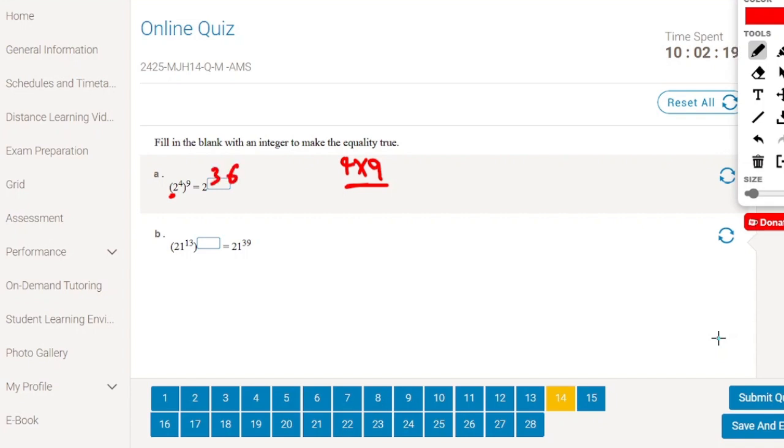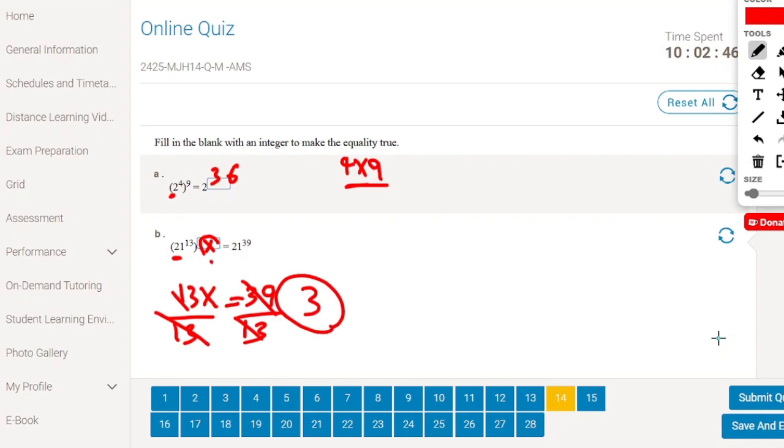And here I have 21 power of 13 all power of x equal to 21 power of 39. So now we need to get x. Here it will be 13x equal to 39. So divide by 13, divide by 13. This one will be equal to 3. So x here will be equal to 3.